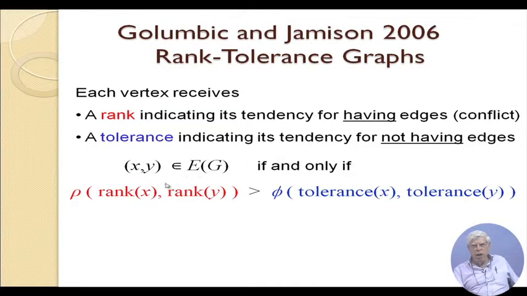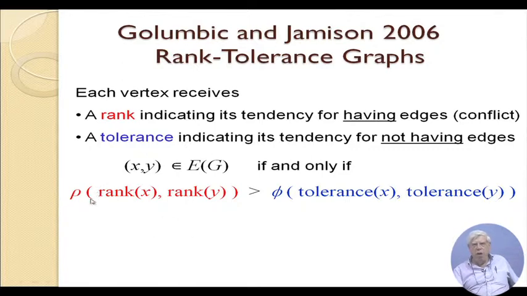And we defined a graph where x and y is an edge if and only if some ranking function of the ranks of the two vertices exceeds some tolerance function of the tolerances. So what you could appreciate about this is how it's gradually going from one model to a more general model to an even more general model.